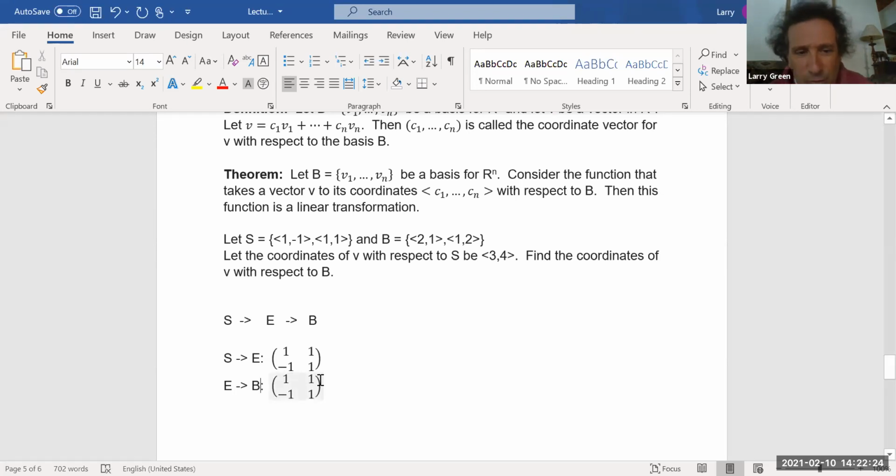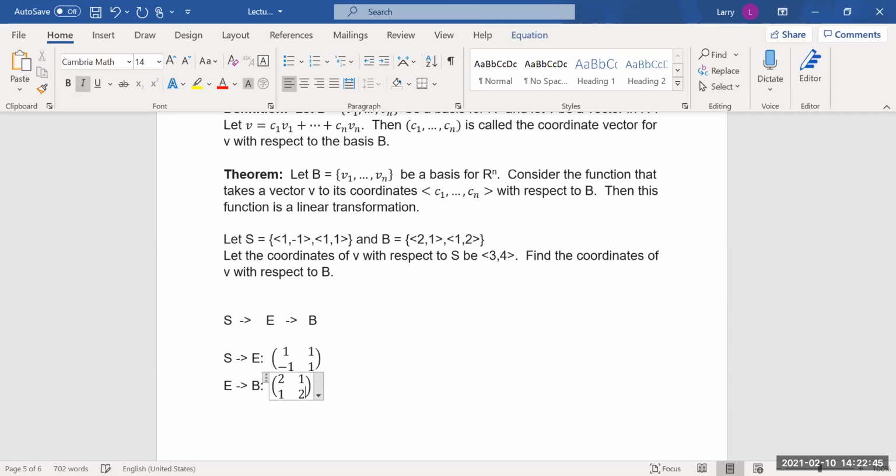What we can't quite do is the following. It's what you'd like to do, but you can't. You can't just say, well, B as (2, 1), (1, 2). What's wrong with that? Where did E go?